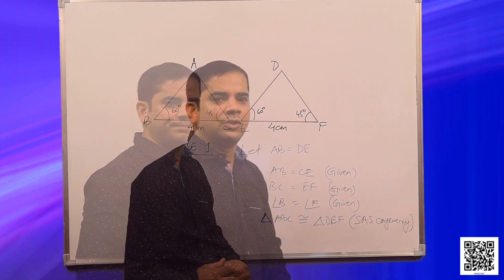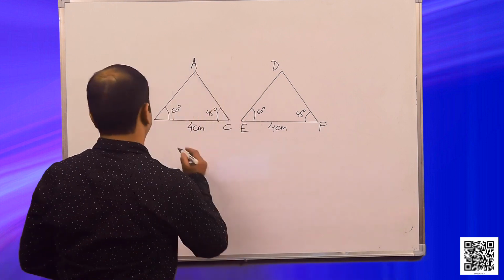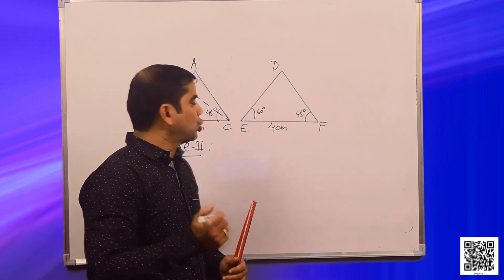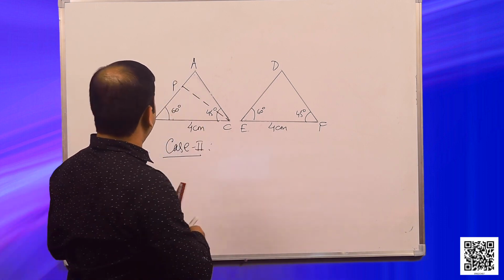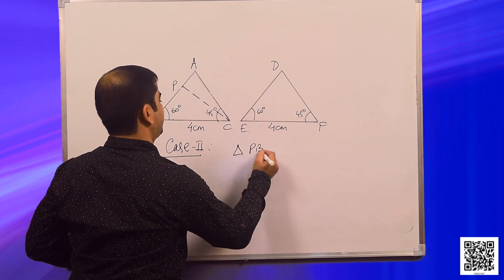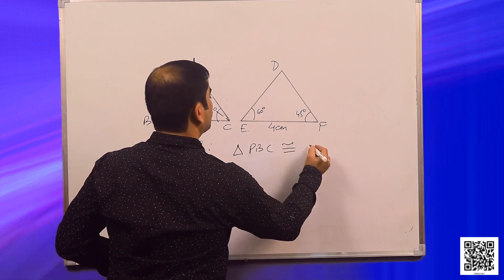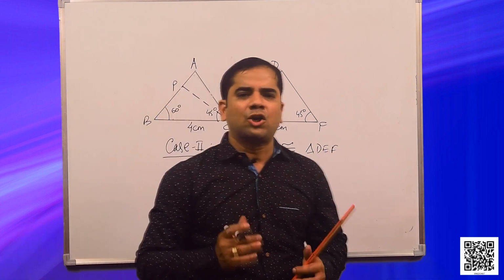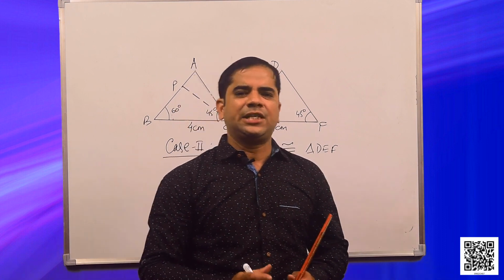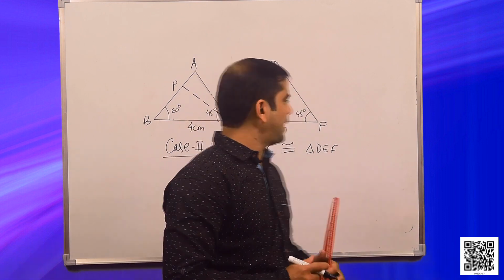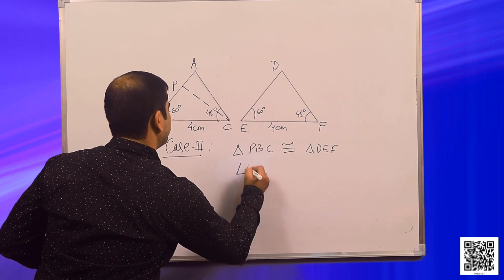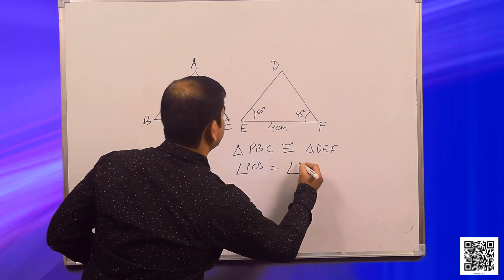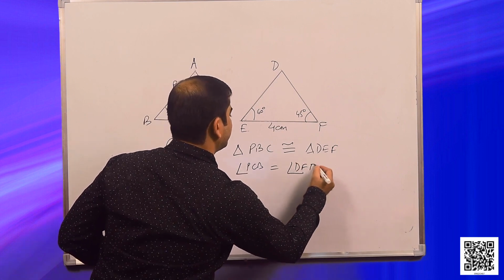Okay? So, let us discuss case 2. As triangle PBC is congruent to triangle DEF, what we can conclude is that angle PCB is equal to angle DFE.